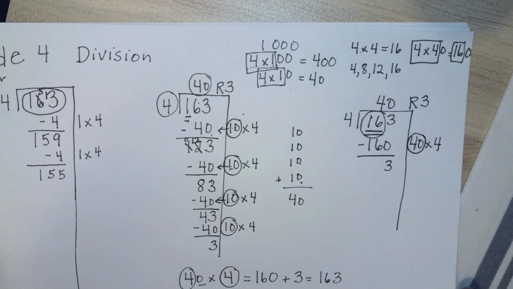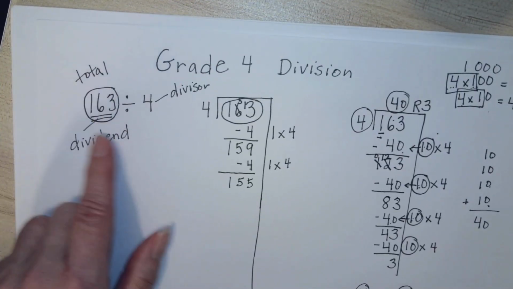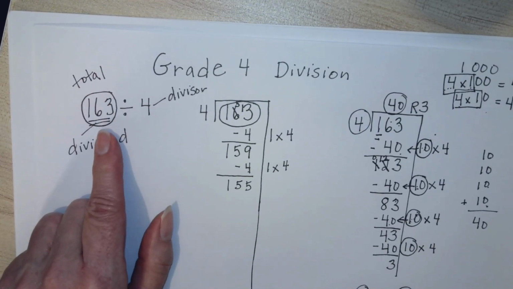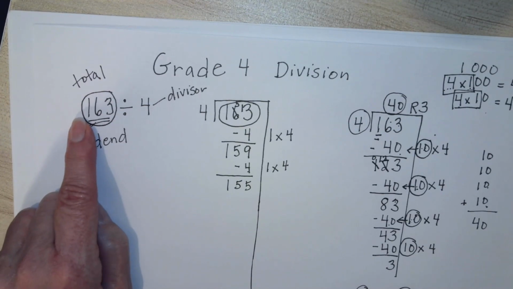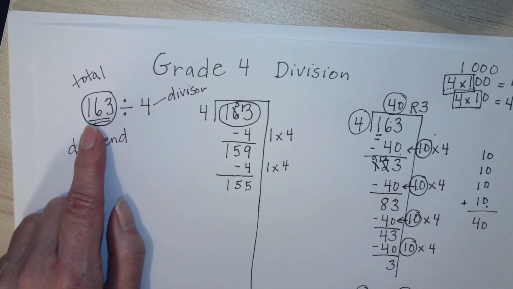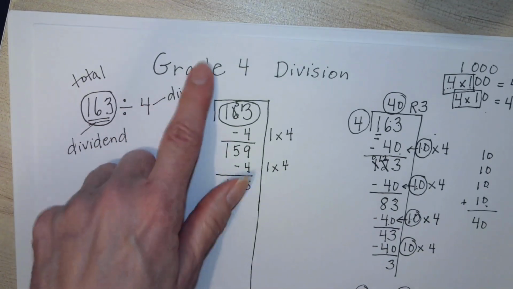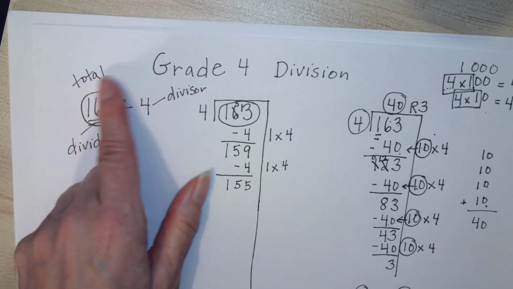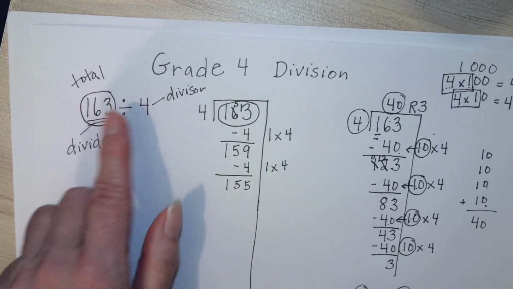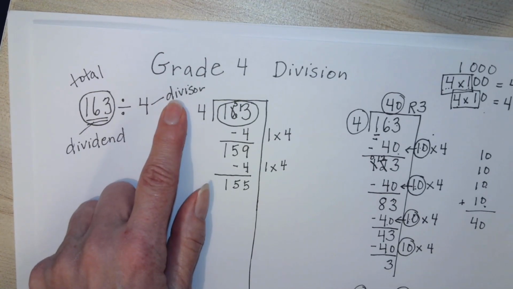So let's just review what we did. We started by talking about the front number in a division equation is the total. It represents the total of whatever you're talking about, and it's called the dividend. The number that is going into the dividend, or if you have a total of something and you're breaking it into groups of 4, that's the divisor.